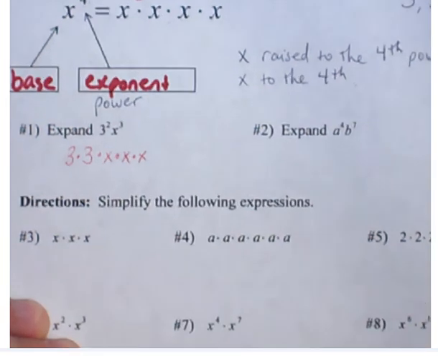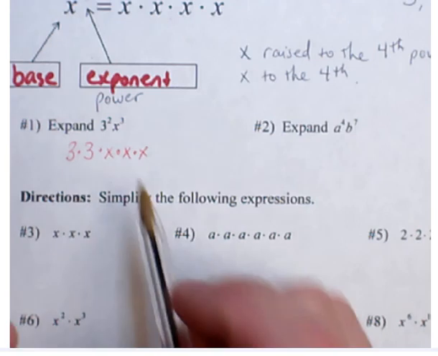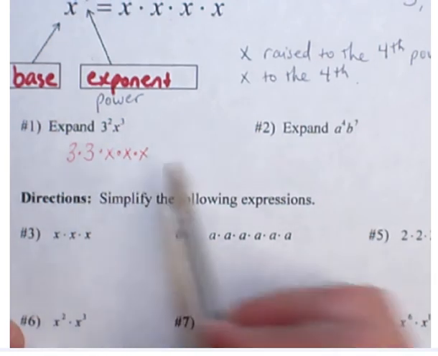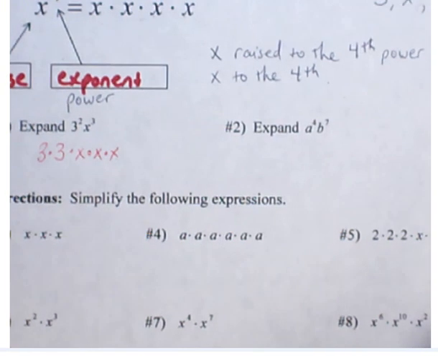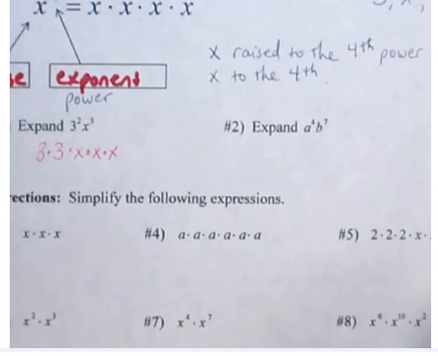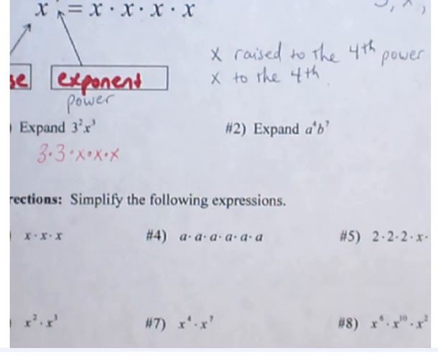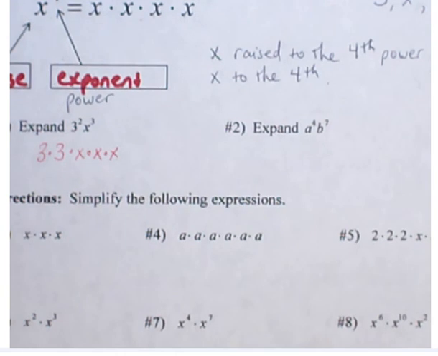Now all of this is multiplying: 3 times 3, and then x times x times x. One suggestion I have is that as we go through these examples, we're not going to work every single example, but for the ones that we do work, I would pause the video, write down your answer, work the problem, and then push play and see if I get the same thing that you do.